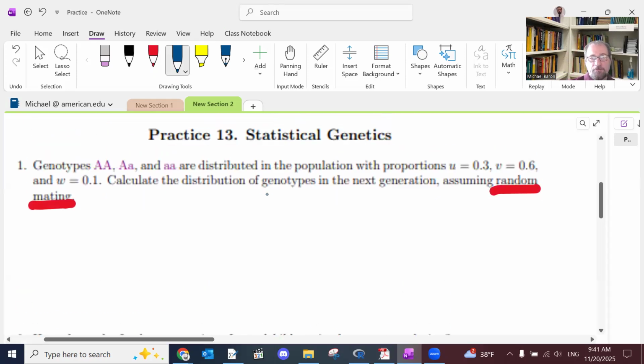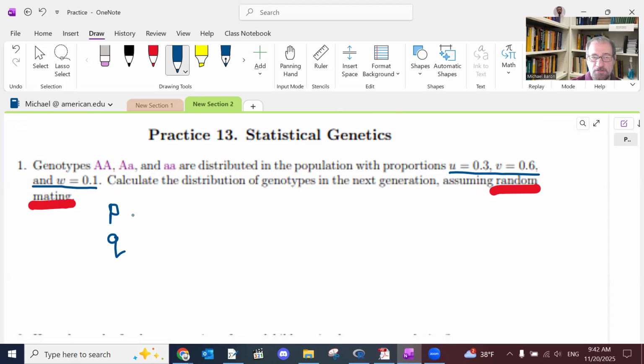Let's see where random mating is important here. So how would you solve this problem? Based on the given distribution of genotypes, let's calculate the distribution of dominant and recessive genes in the population. So P is U plus half V. That's 0.3 plus half of 0.6.